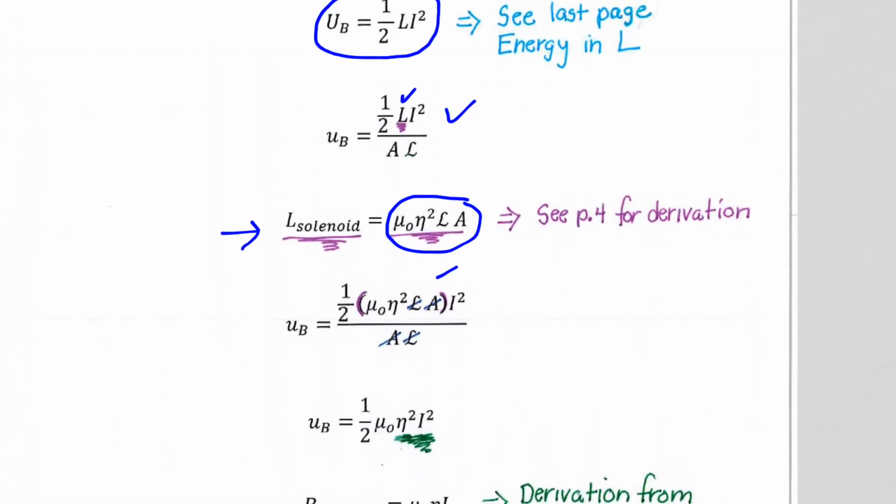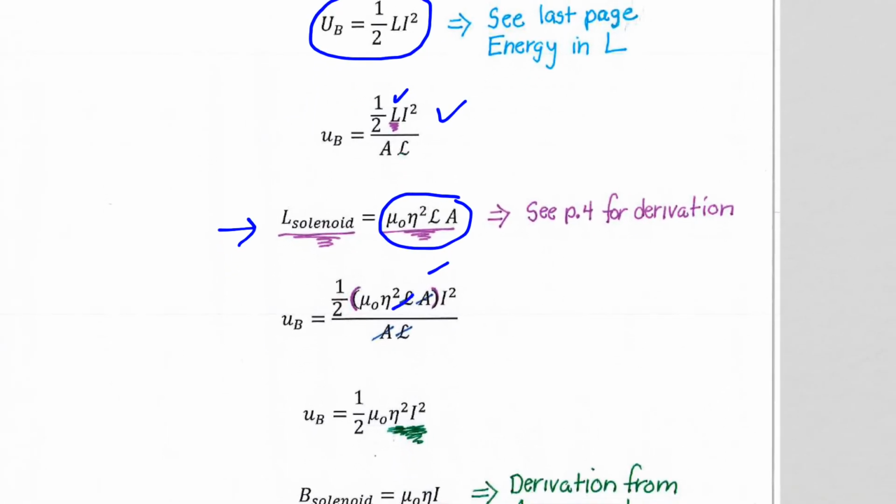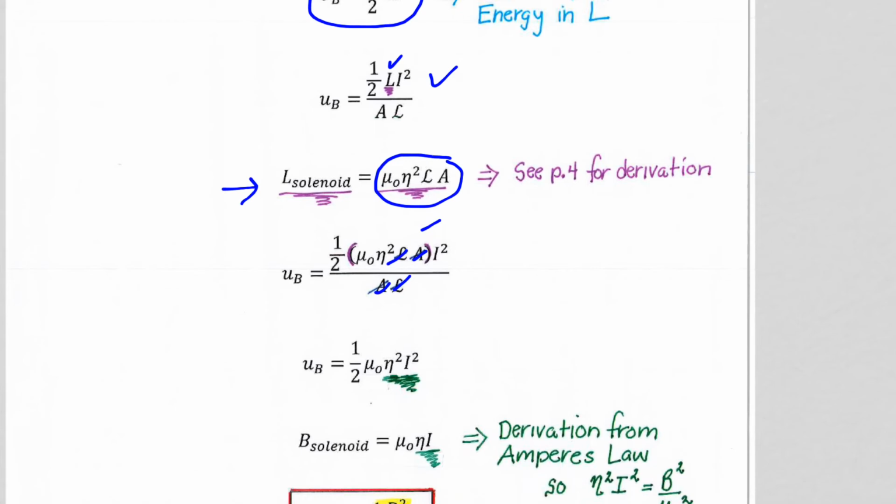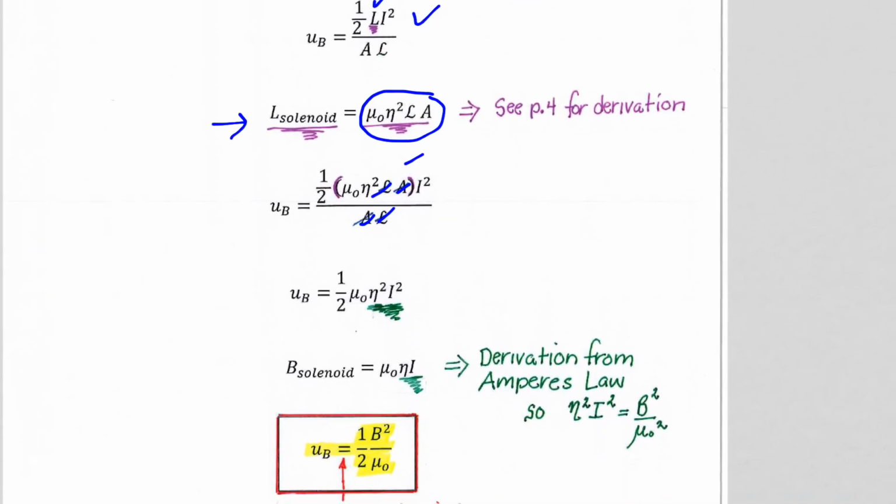And now look at what we get. We get some very nice cancellation. The l's cancel out. The A's cancel out. And we are left with 1/2 mu naught script n squared I squared, and we know the B field inside of a solenoid. So we're really just using all of our equations and some easy algebra to manipulate our variables.